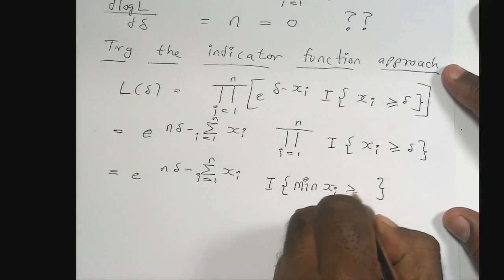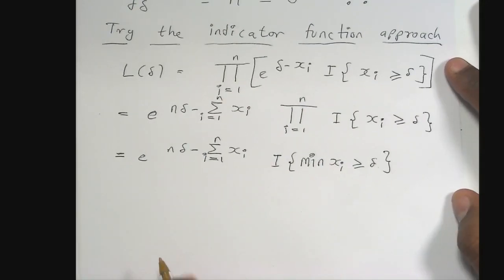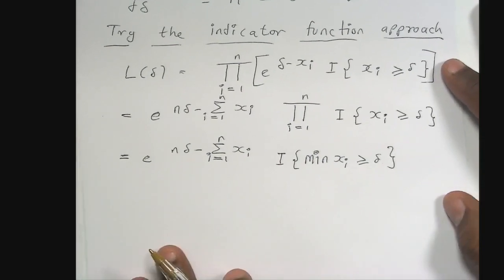Come on, guys, I thought I gave you the rules. Just look back in the lecture notes. It would simplify to the minimum being greater than or equal to delta.